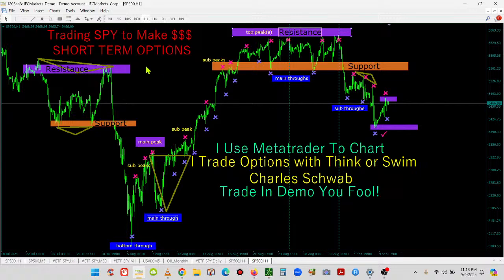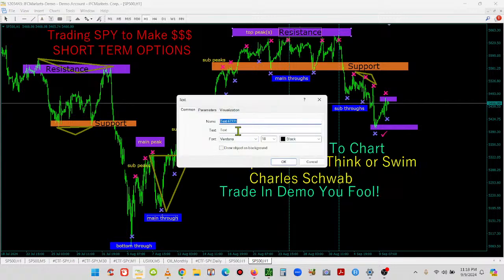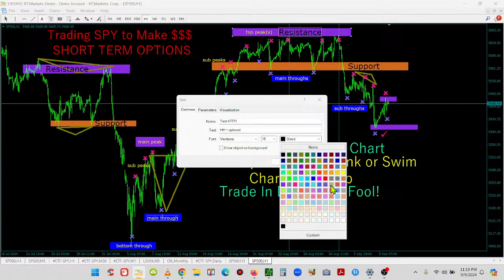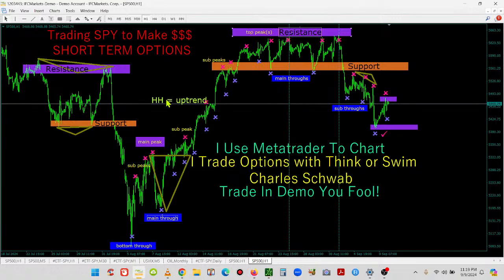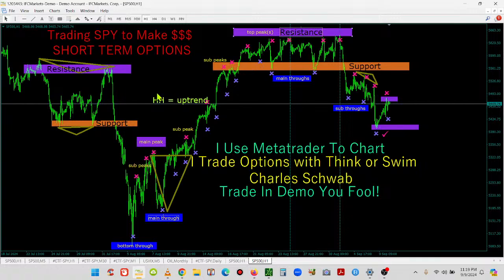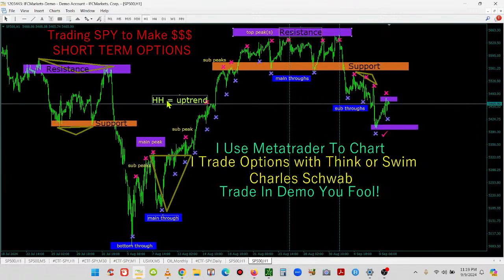What do we have there? Higher highs, uptrend.